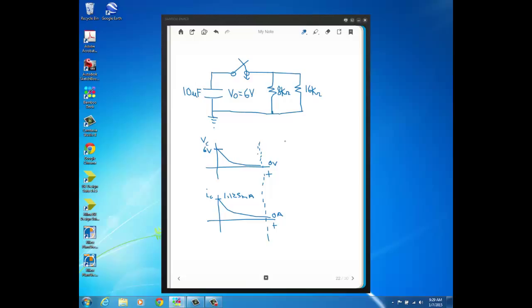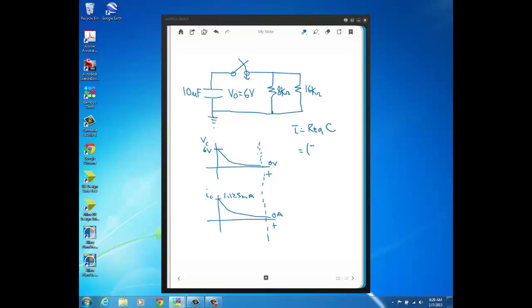The last thing here is getting the amount of time that it takes to discharge between t equals 0 and steady state, and that involves tau, which is REQ, since we have more than one resistor this time, times the capacitance. We already found the REQ in the previous analysis to get the current, right?